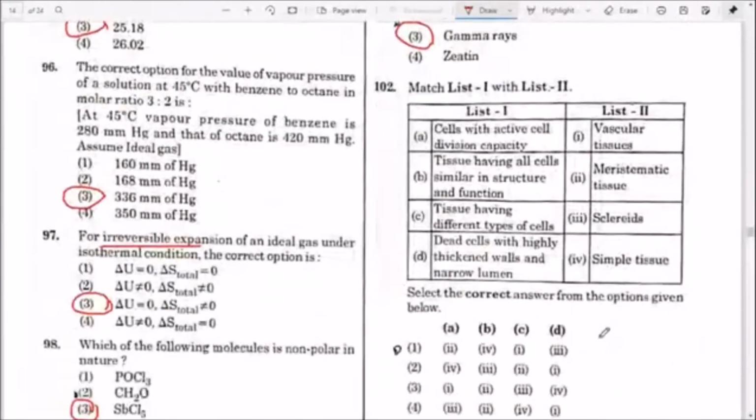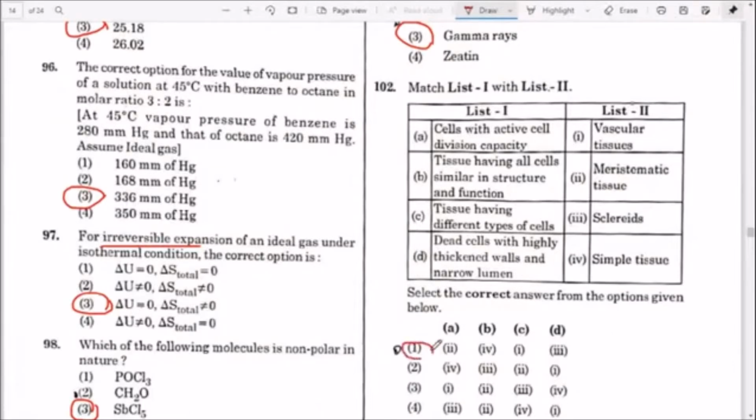Match list 1 with list 2. Cells with active cell division capacity, tissue having all cells similar in structure and function, tissue having different types of cells, dead cells with highly thickened walls and narrow lumen, that is vascular tissues, meristematic tissue, sclereids, and simple tissue. Select the correct answer from the options given below.